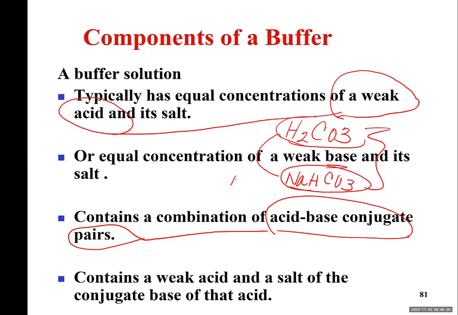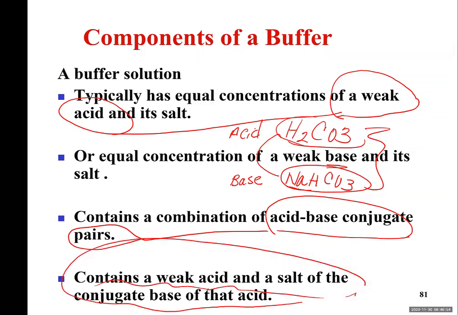This is the base of H2CO3. This is the acidic form. These are related together by loss of a hydrogen ion or gain of a hydrogen ion. So if you take a weak acid and salt of the weak acid, you make a buffer.